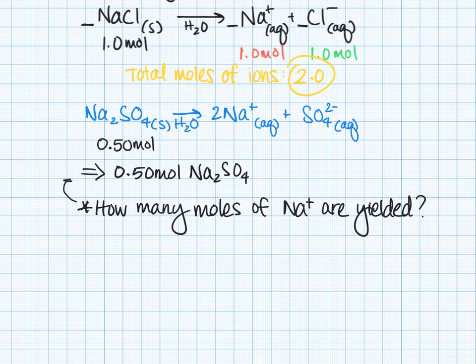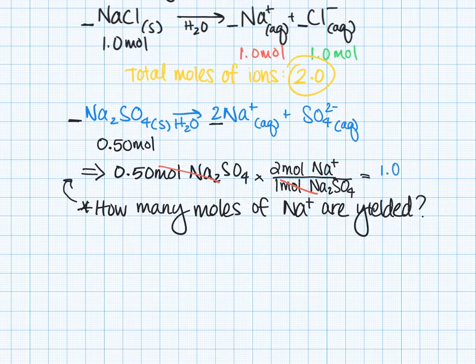I would go up here, say, well, I started with 0.5 moles, and I know that there's 2 moles of sodium cations for every 1 mole of sodium sulfate. This cancels. I would end with 1 mole of sodium ions.